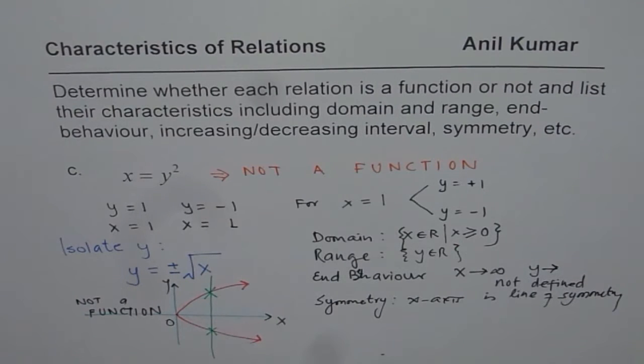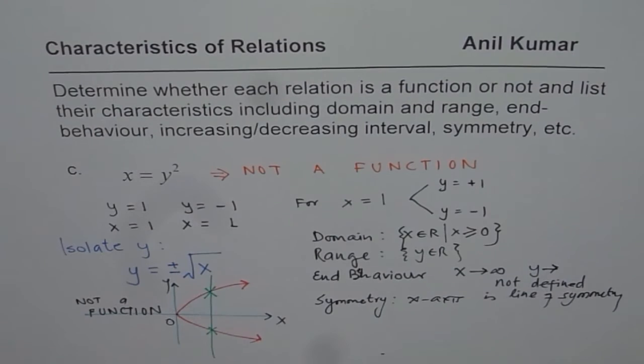It is neither odd nor even. We are not talking about odd or even symmetry, since remember we have a relation which is not a function. So you'll see some discrepancies in the characteristics when we compare this relation with normal functions. So these are a few characteristics.